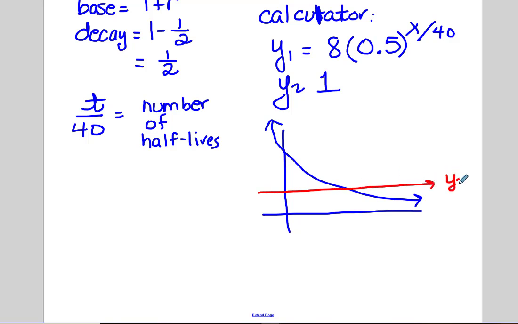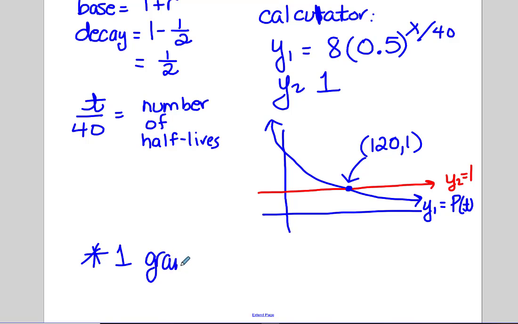This is y2 equals 1, and this is your y1 is your population equation. And they intersected at 120 days, 1 gram remains. So that's the intersection point. We've got 1 gram remaining at 120 days.